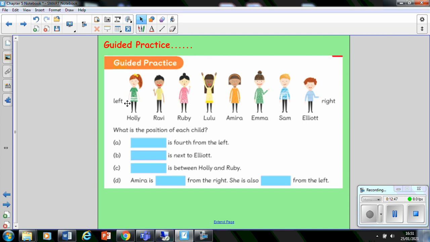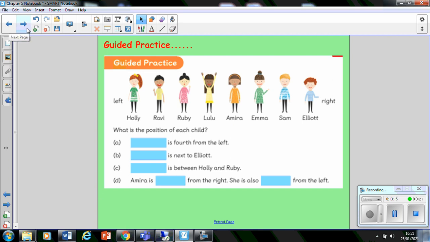Remember, the left is here and the right is there, and it's asking you what is the position of each child, and use the support of your adult or your learning partner to help them read these questions for you if you find reading tricky, and you can just point to the picture and tell them the answer. Okay, use your counting skills, use your ordinal numbers to tell them who is where. So pause the video, and when you come back we will carry on.